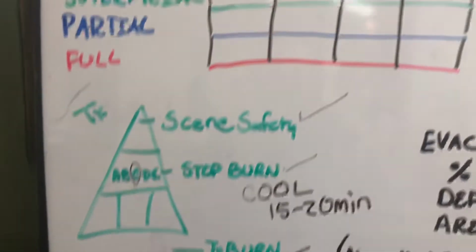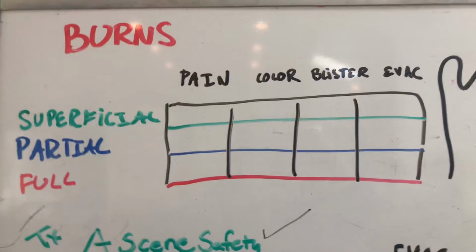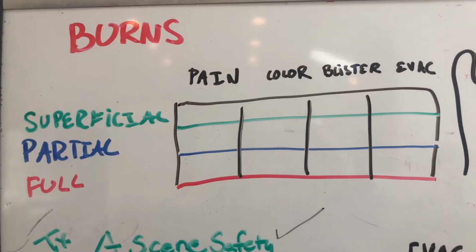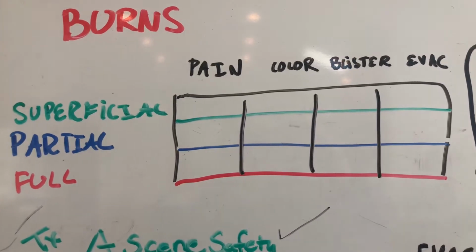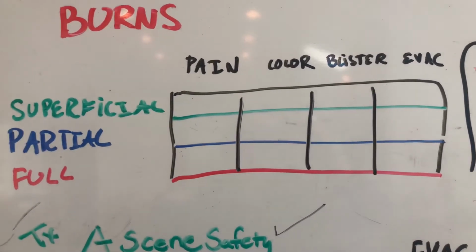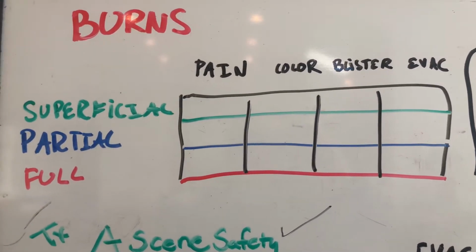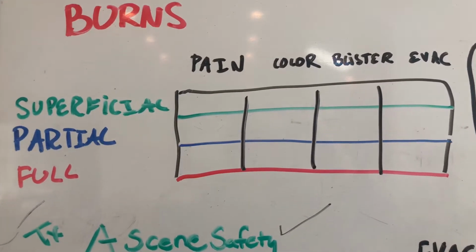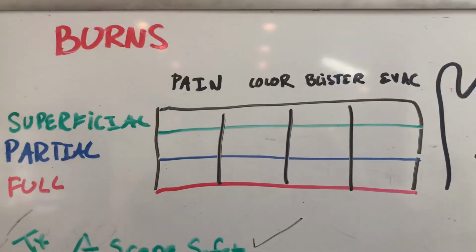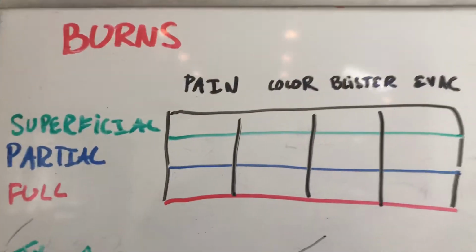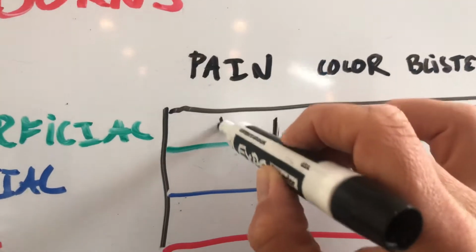So let's talk about types of burns. The skin is divided into some layers, and so we have a superficial, partial thickness, and full thickness burn. So superficial, take a guess on what that might be. If you said sunburn, you're correct. Okay, so just a sunburn. Is it painful? Yes.